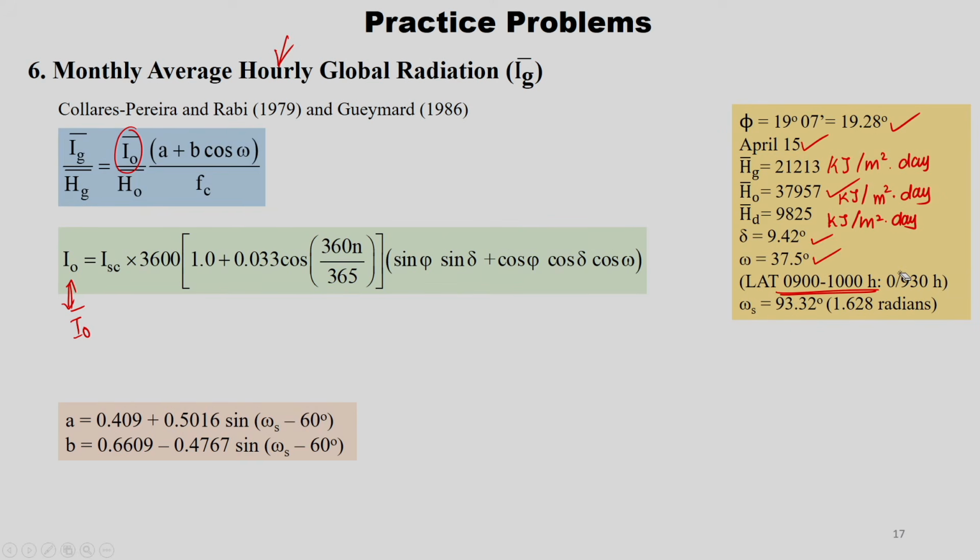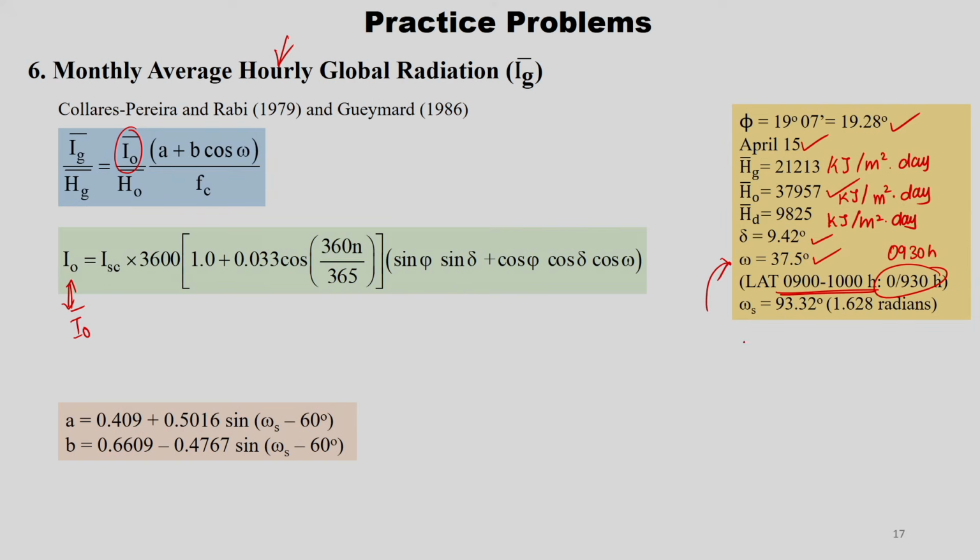But to calculate delta, which is nothing but the declination angle, we need one particular value. So it is not 9 to 10, it is 0930 hours. We take the middle value of 9 to 10 hours as 9:30, and for that we calculate the hour angle.